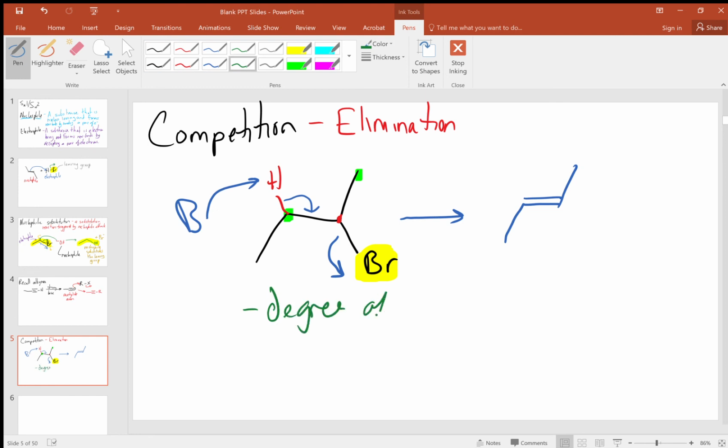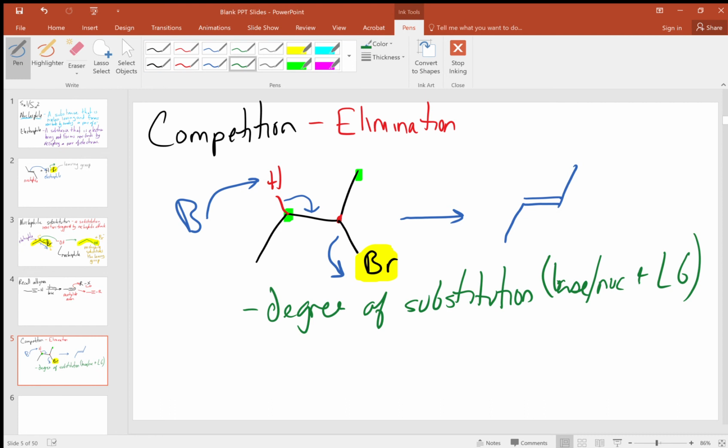What is the degree of substitution? And that's for both the base or nucleophile and the leaving group. So is the leaving group primary, secondary, tertiary? That plays a big role in what's going to happen with the reaction.